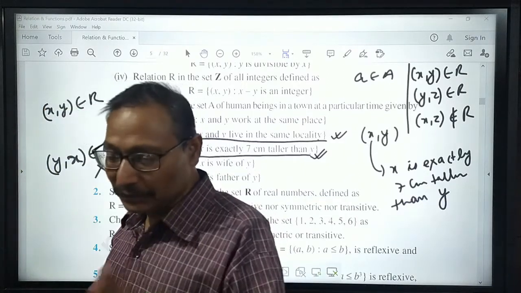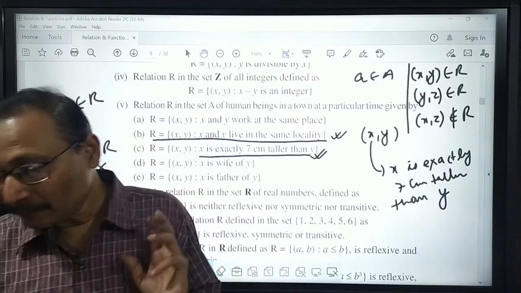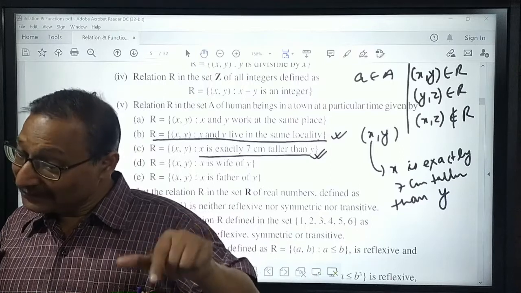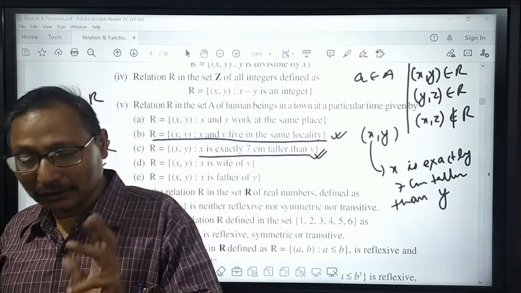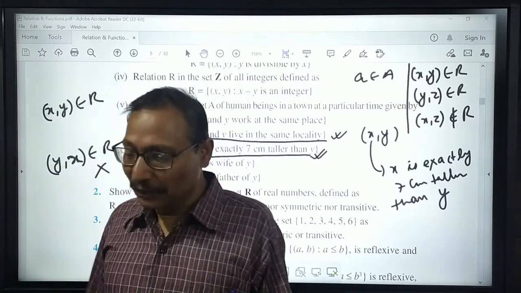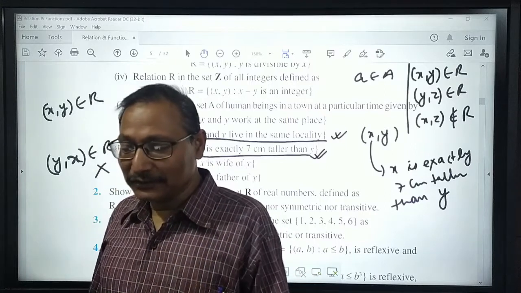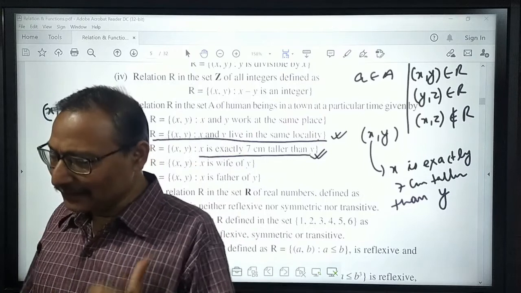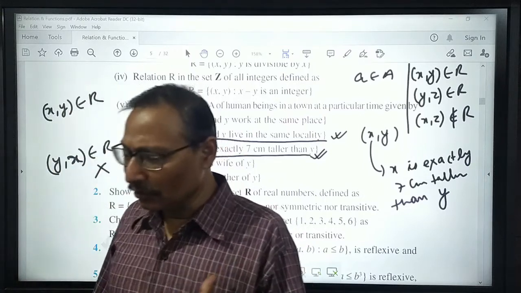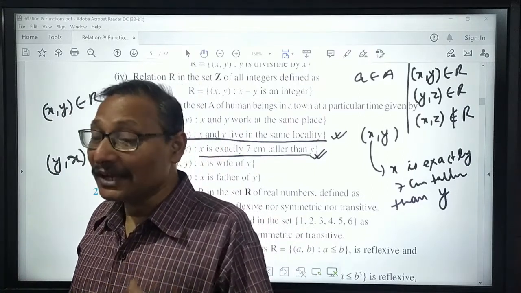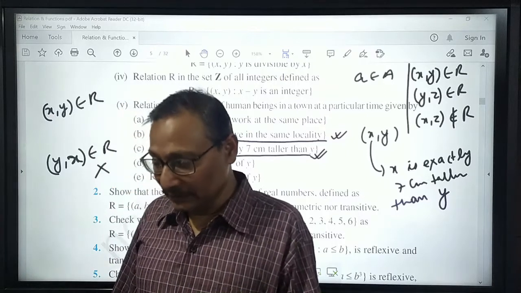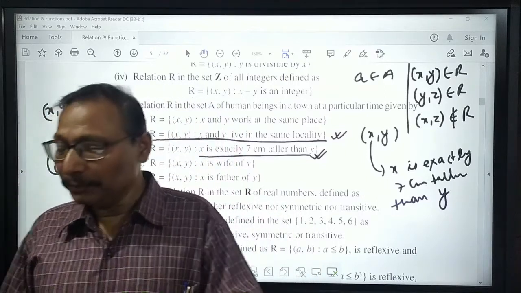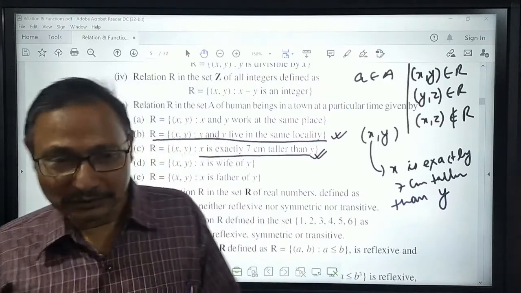If y comma z belongs to R, that means y is exactly 7 centimeter taller than z. Now you tell me, will x be exactly 7 centimeter taller than z? No, it will be exactly 14 centimeter taller than z. So x comma z won't be a pair of R, so it is not transitive.